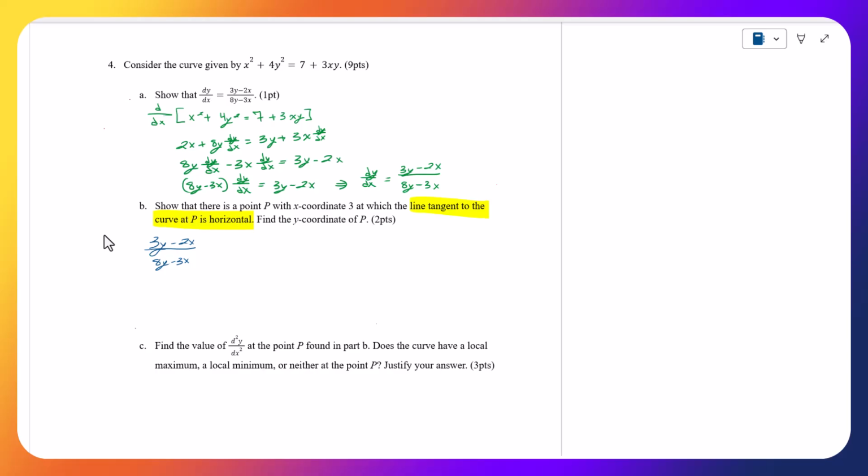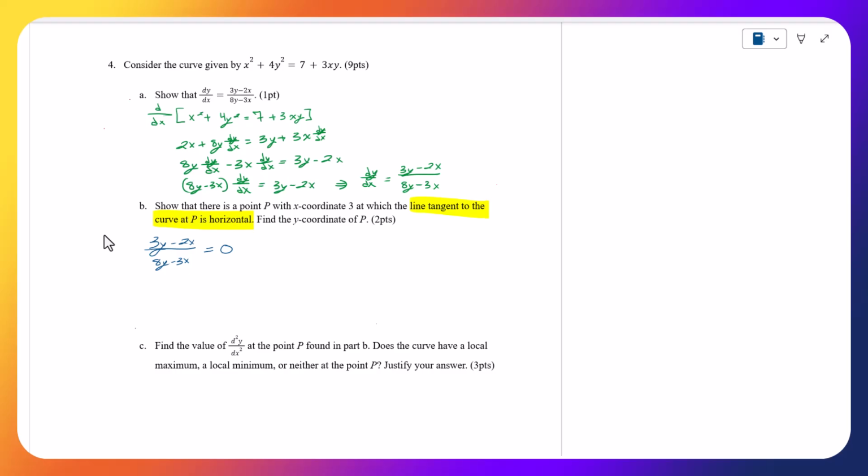Well, what does that mean? It means that the slope of our tangent line is 0. So we want our derivative to equal 0. And we want it to equal 0 when x equals 3, specifically.